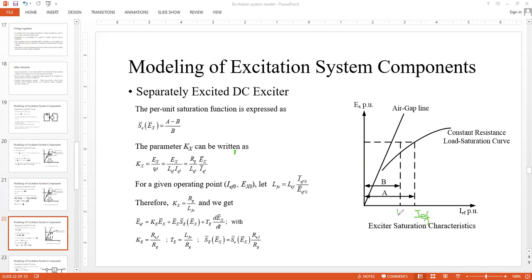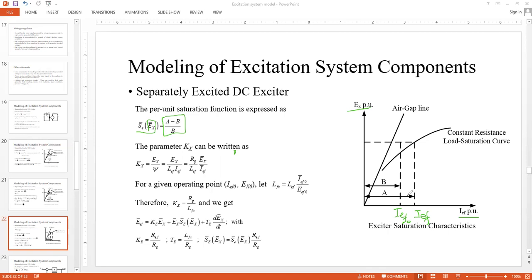And this is your IEF naught. The saturation function is nothing but some relation between these two distances. If you change EX, it is still a function of per unit EX. This is IF per unit. Still they are EX and IF, but in per unit. So the relation is established by these distances alone.